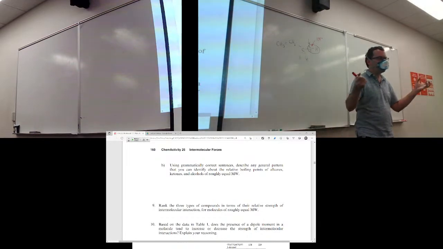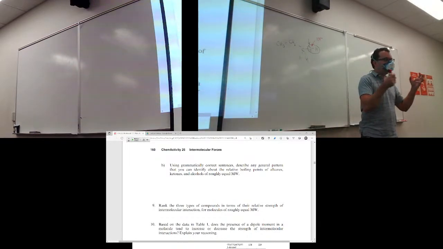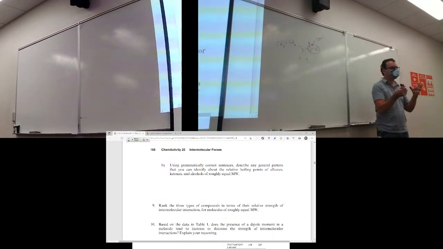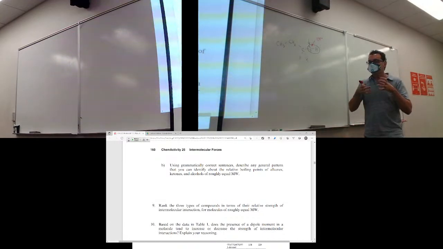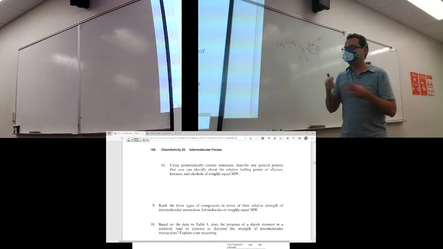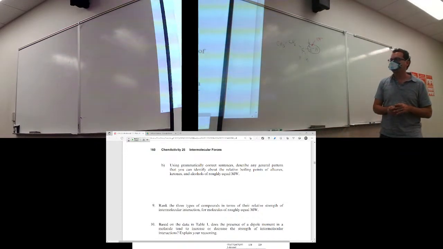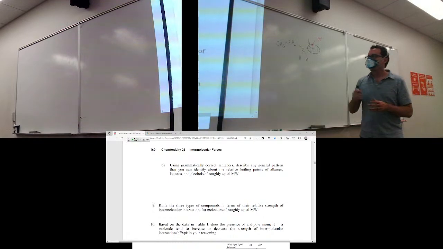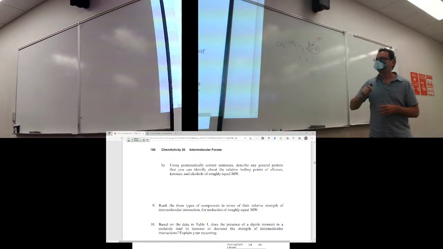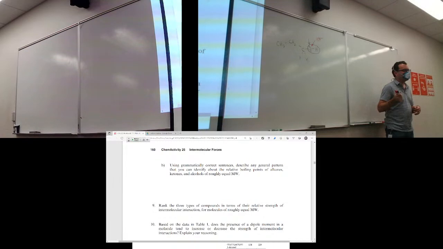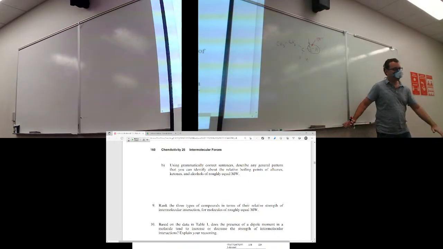You don't need a high boiling point. But if the attractions between those molecules are really strong, then you'll need a high boiling point. It's going to take a lot of energy to boil it, to break those connections and turn it into a gas. So alcohols have much higher intermolecular forces. Ketones are high, but not quite as high as alcohols. And alkanes have weak intermolecular forces.